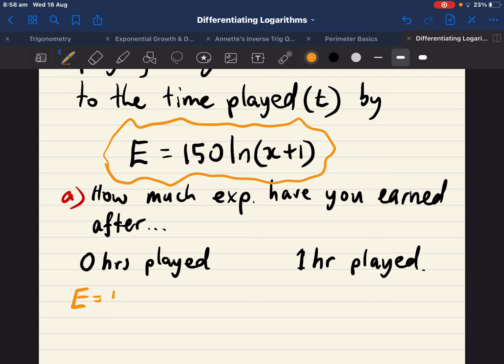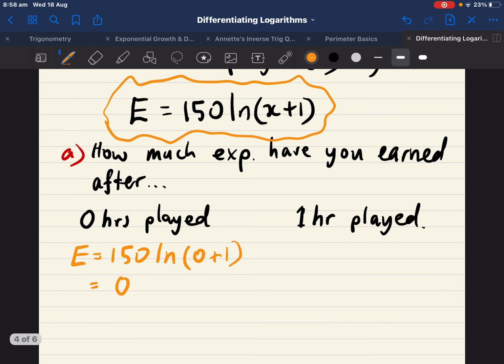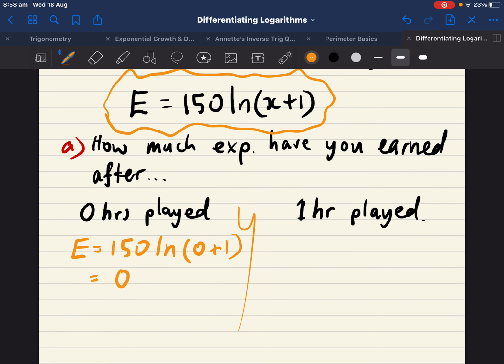The experience will be 150 log of 0 plus 1. When you type that into the calculator, you end up getting 0, because log 1 is 0. So it actually looks like it does reflect a real life scenario here. If you've played the game for 0 hours, you've probably acquired 0 experience in that game.